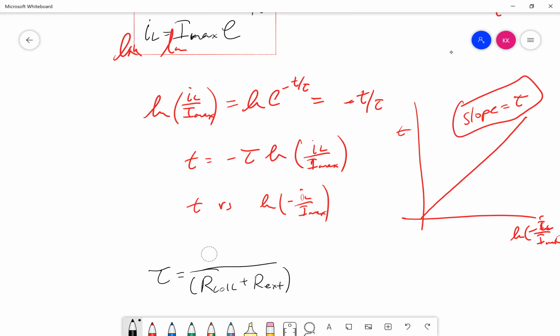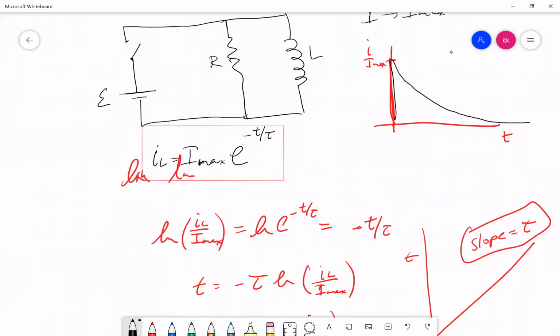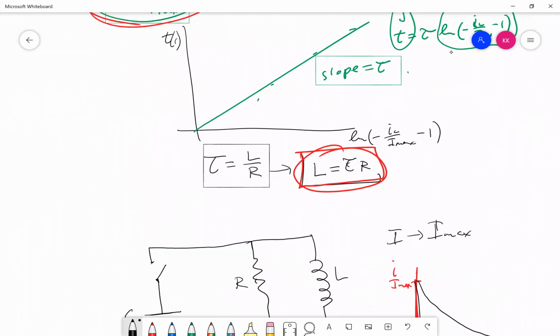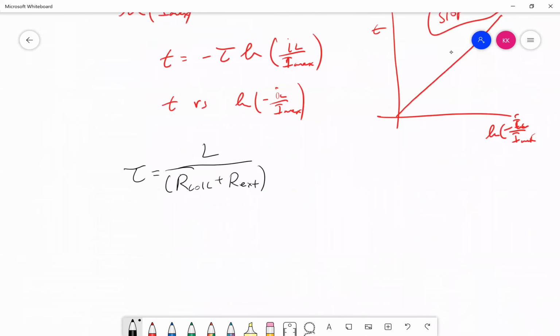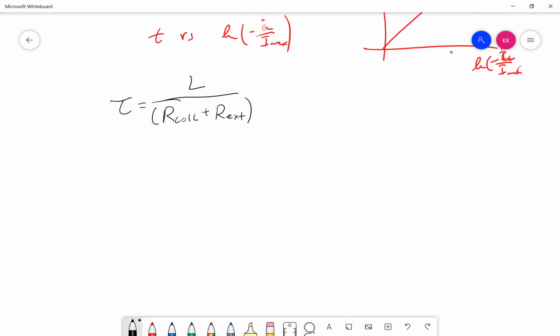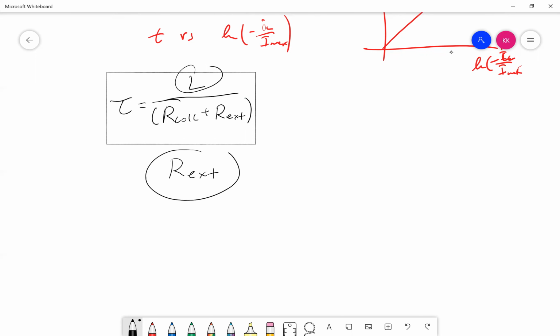The equation that I had earlier gave the resistance of the coil. So we can have that as the resistance of the coil. Then here we're going to calculate the external resistance of that load resistor. For that, we'll find the tau and rearrange, because we already know the inductance value. So our goal for the second part, where we have a decrease of current, is to find our external resistance using this equation.